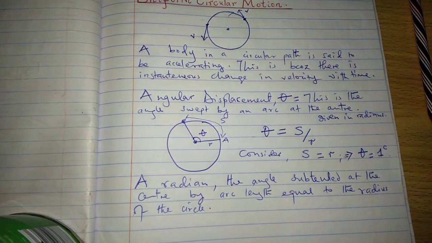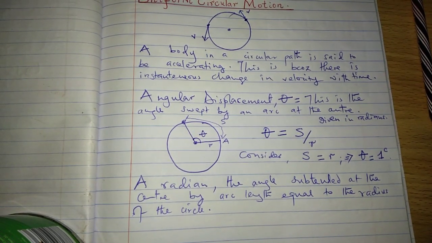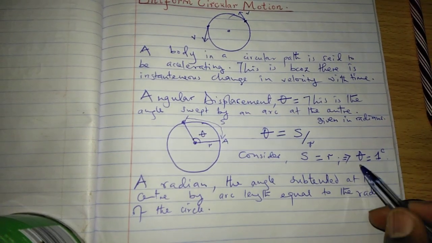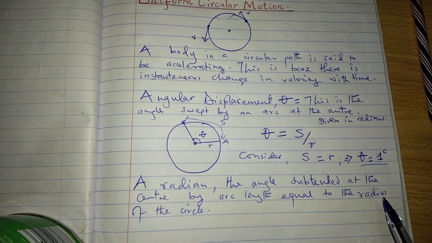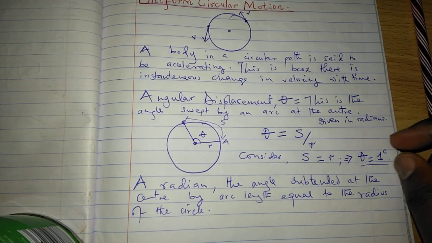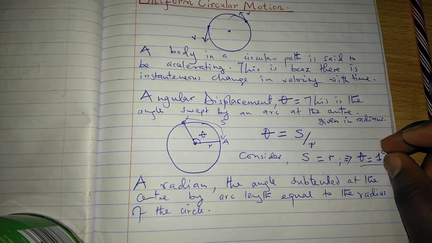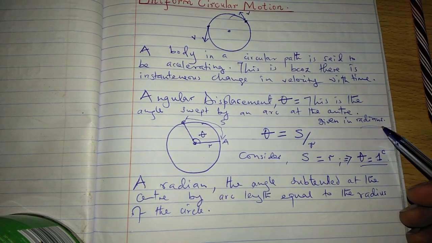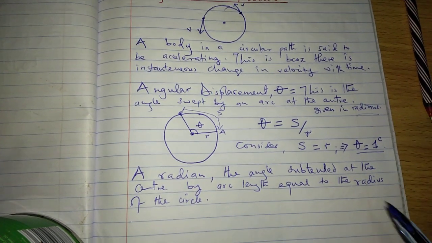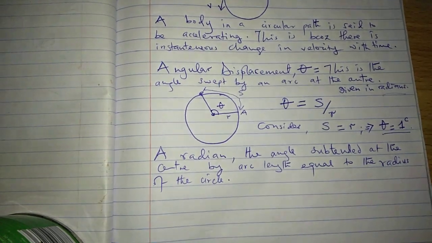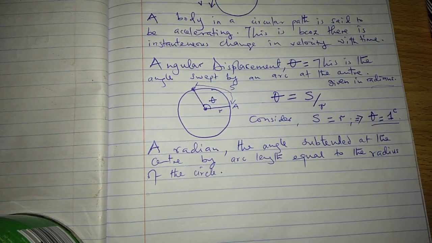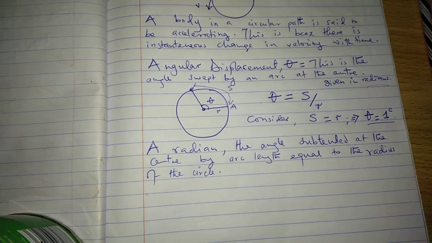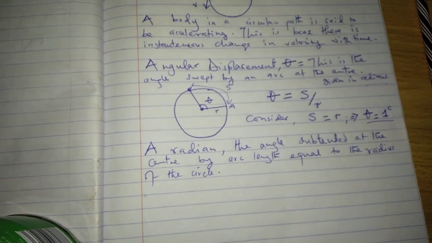So if we have an arc which is equal to the radius of the same circle, then at that moment angular displacement becomes 1. And when angular displacement is 1, that gives us 1 radian because the angle is measured in radians. That derives the definition of a radian, which is the angle subtended at the center of a circle by an arc length which is equal to the radius of the circle.